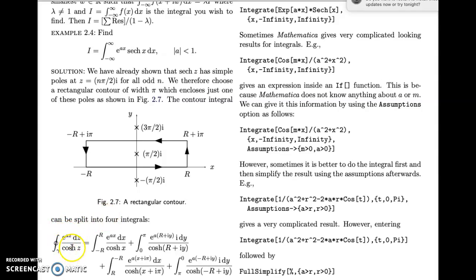Then we know that this has to be 2 pi i times the residue of this, which is easily calculated. Basically, it's p over q dashed. Q is cosh in this case, so q dashed is sinh. So we just want e to the i a pi by 2 divided by sinh of i pi by 2, which is the same as i sin pi by 2.